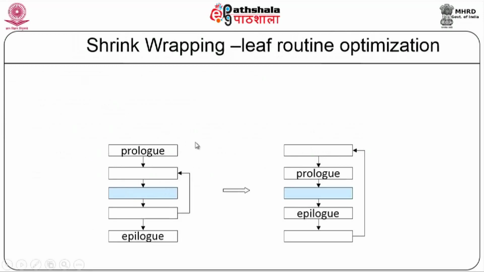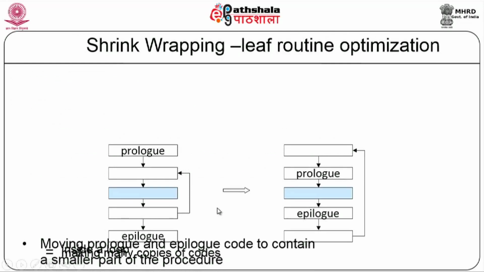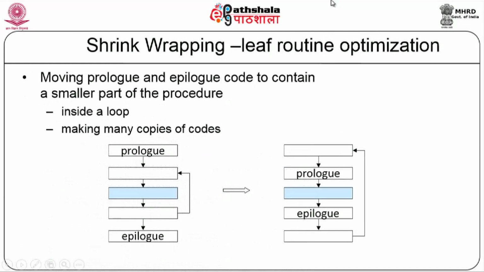Leaf routine optimization is typically combined with shrink wrapping, where the prologue and the epilogue are moved. For example, say this is your loop, and this is my prologue and this is my epilogue.